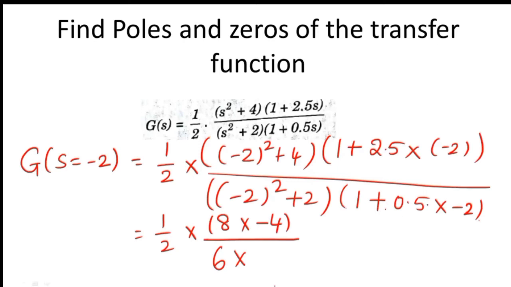So minus 32 divided by 0 is equal to infinity.